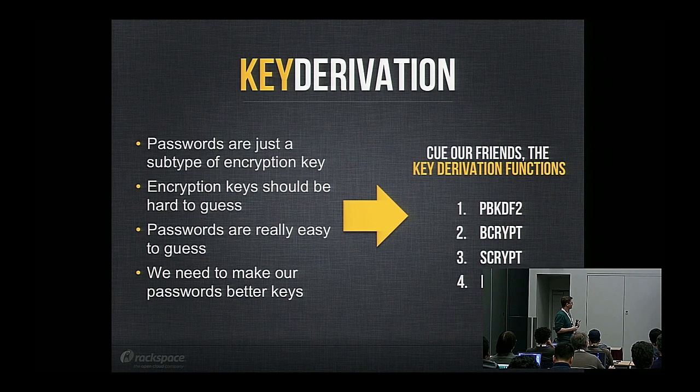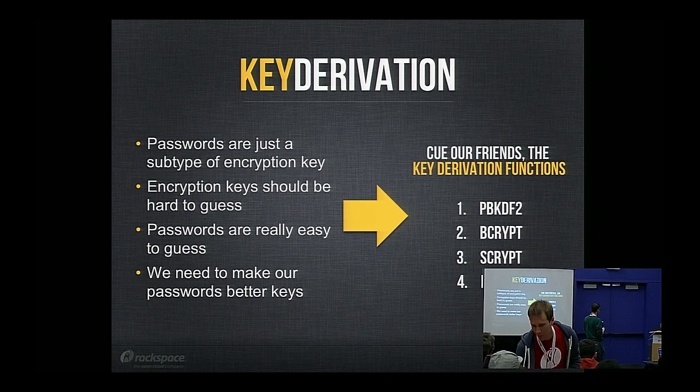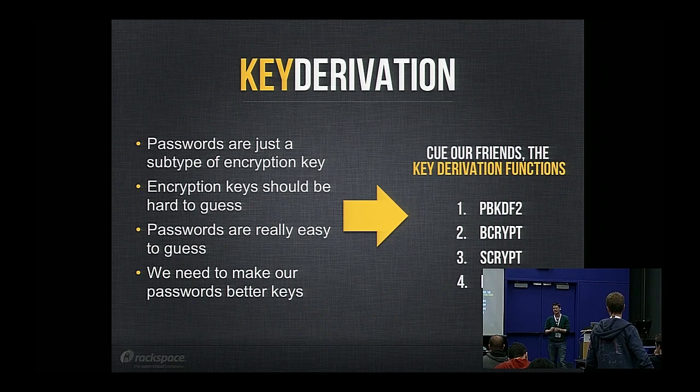So key derivation functions fundamentally take these low entropy secrets and turn them into high entropy secrets, and that allows us to use them in various different ways. The four that you typically hear about are PBKDF2, bcrypt, which everybody should hopefully be relatively familiar with, scrypt, and then HKDF, which we'll talk about as well.